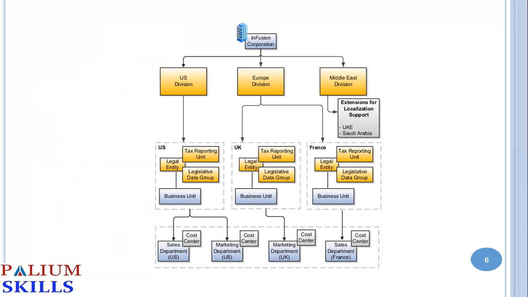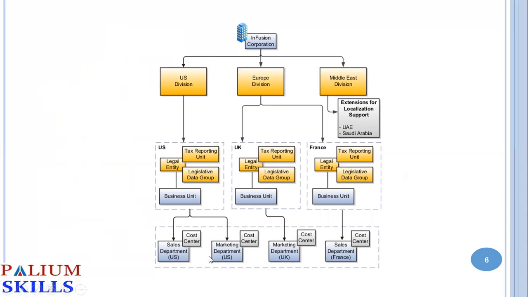So here you have three divisions: US, Europe, Middle East. If you see here at the bottom, they are showing you the department: sales department, marketing department.